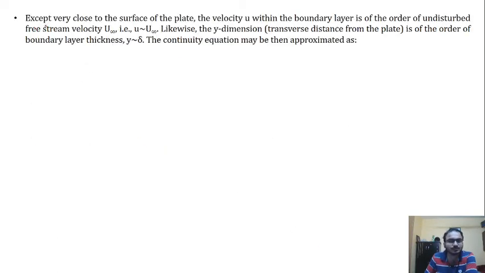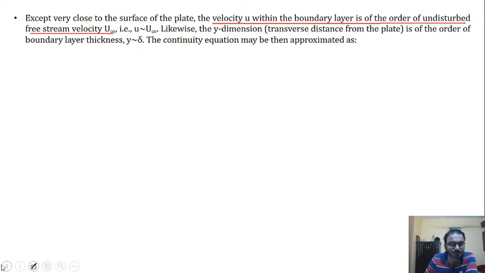Now, except very close to the surface plate, the velocity u within the boundary layer is of order of undisturbed free stream velocity u infinity. So if we don't consider very close to the surface plate, then the velocity u will be almost equal to the free stream velocity u infinity.